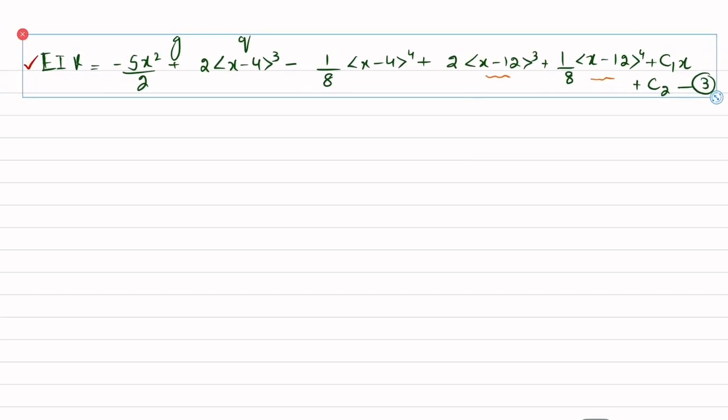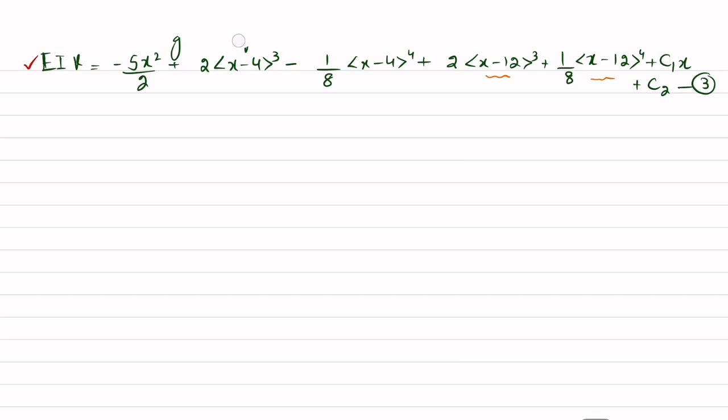Okay, so we'll remove these upper terms. So we get C1 is equal to minus 24 and C2 was 136. So put C1 and C2 in equation number 3.